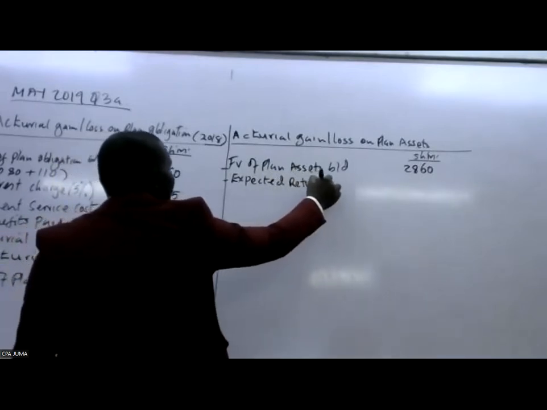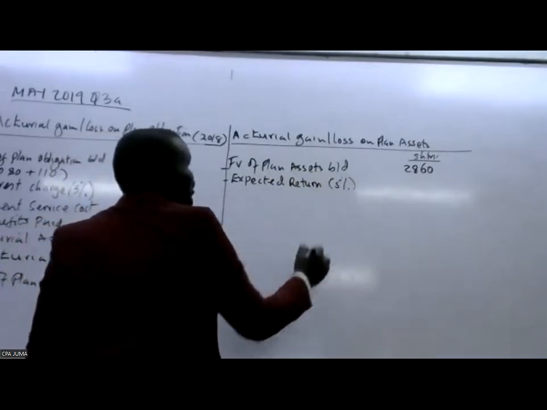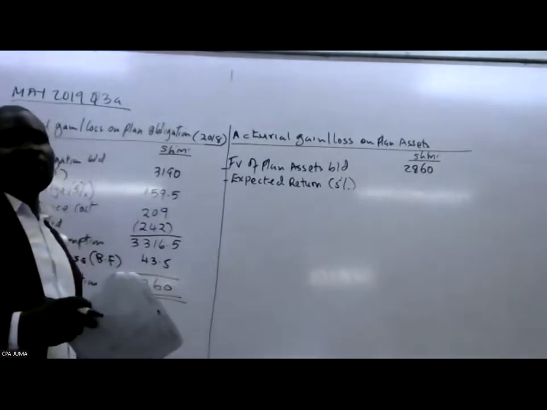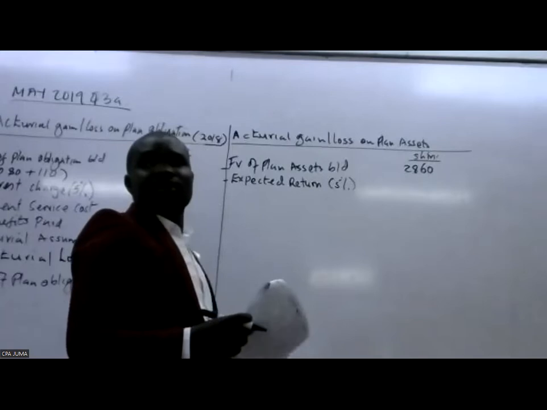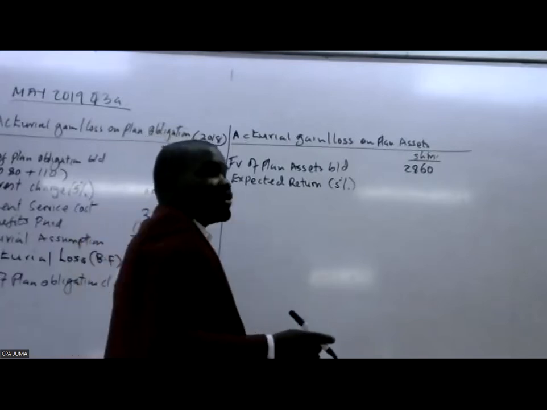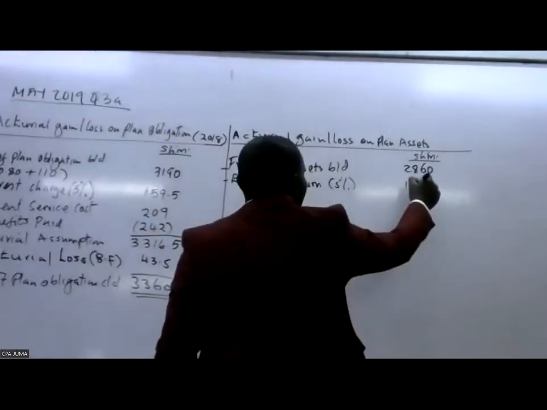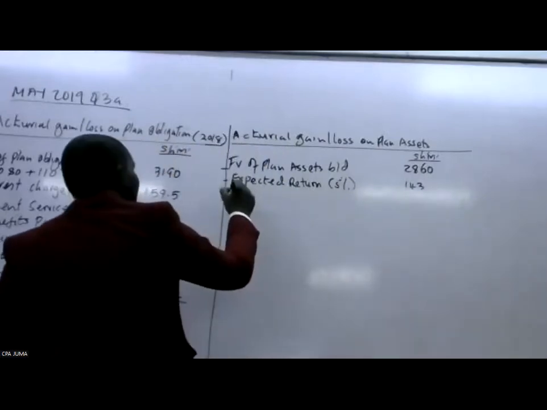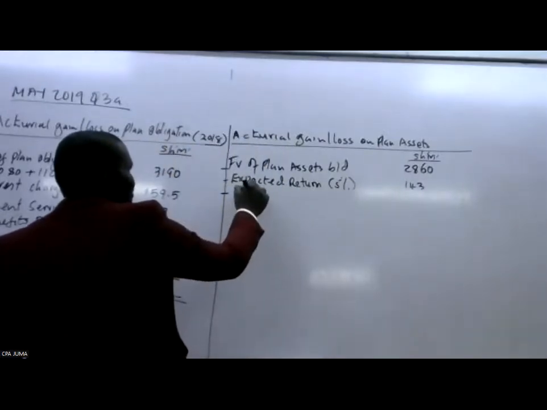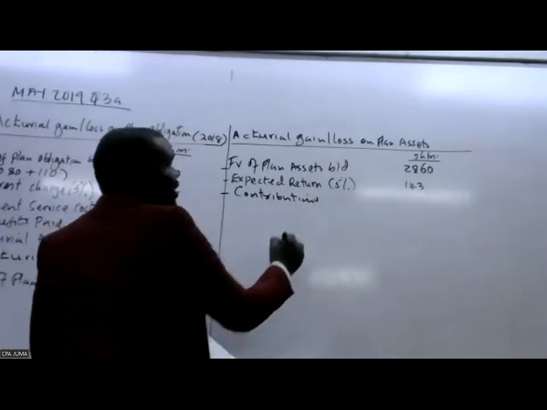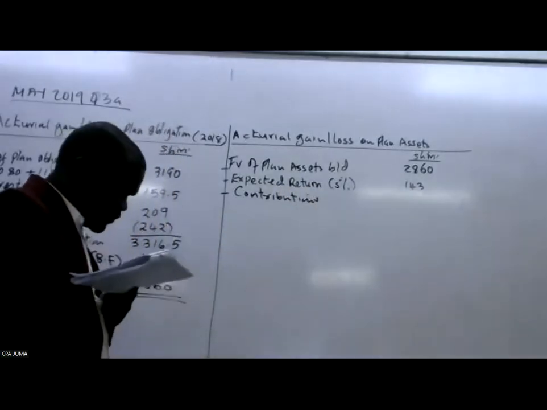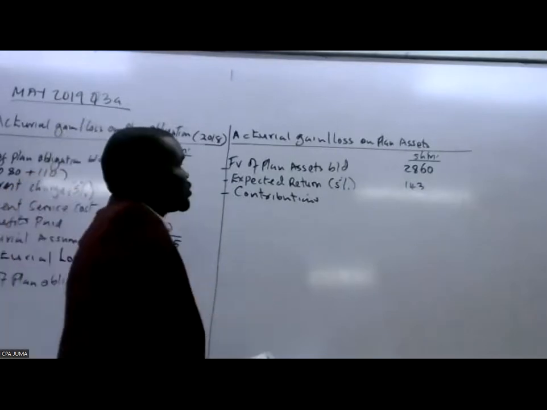The rate was uniform, 5%. So 5% of 28.60 is 143. Then contributions. Contributions to the scheme will increase your asset base. How much? 259.